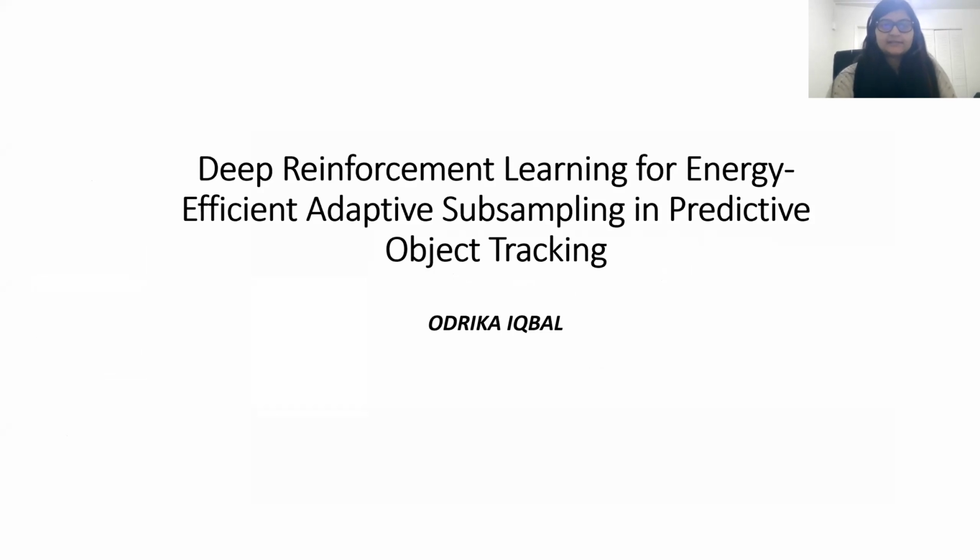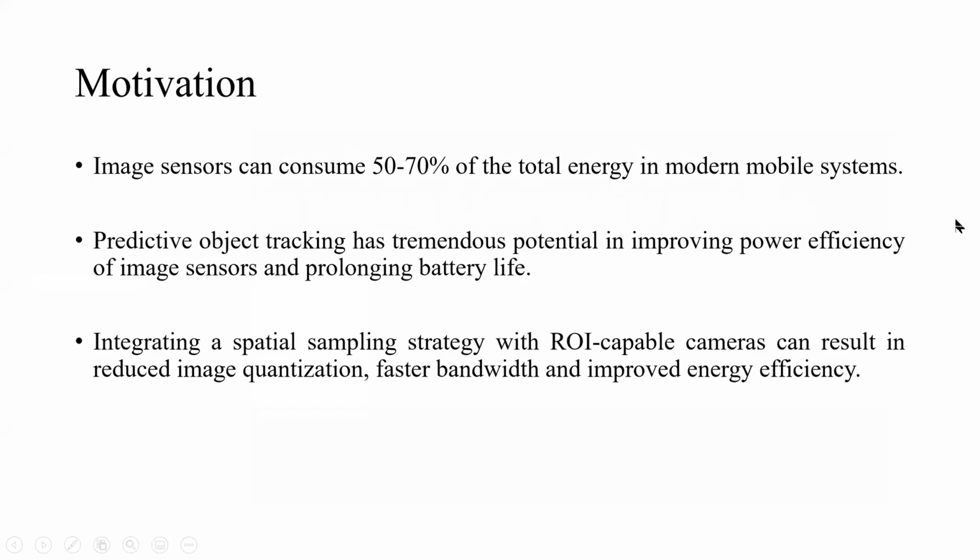My project is titled Deep Reinforcement Learning for Energy Efficient Adaptive Subsampling in Predictive Object Tracking. The motivation behind this project was that typical image sensors consume around 50 to 70% of the total energy in modern mobile systems.